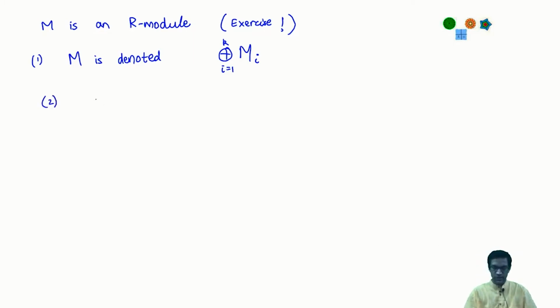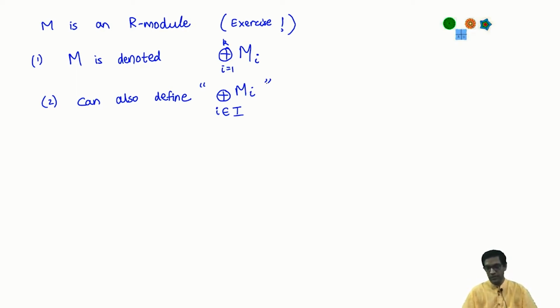Another short remark: one can actually define direct sums even for infinite collections of modules, not necessarily finite collections. I'll just state that quickly. Now i ranges over a potentially infinite indexing set I. The key thing to remember is that this turns out not to equal the product as a set.